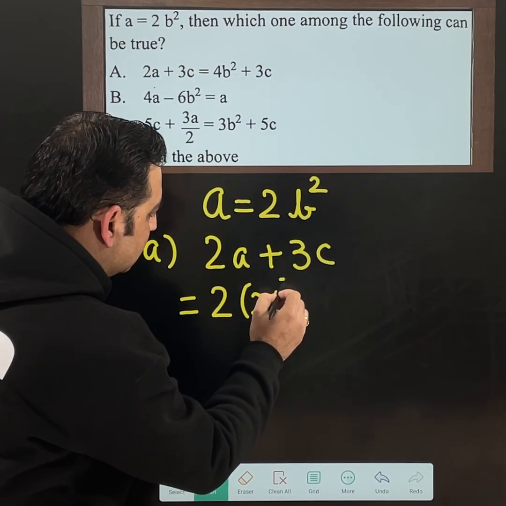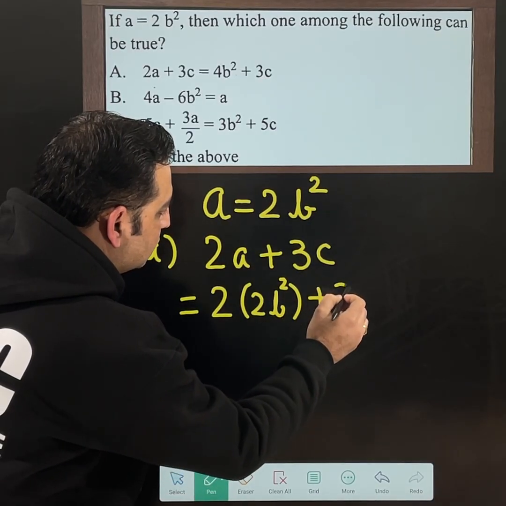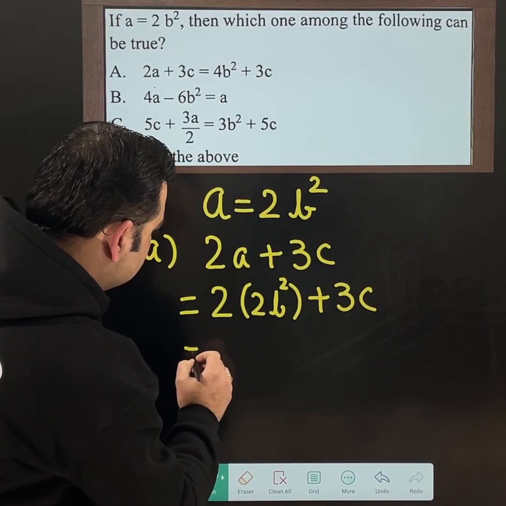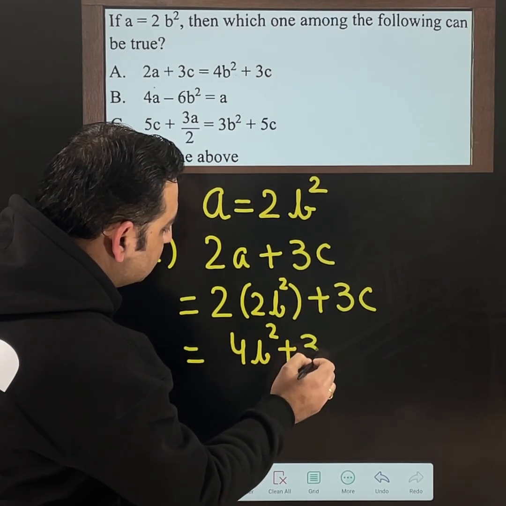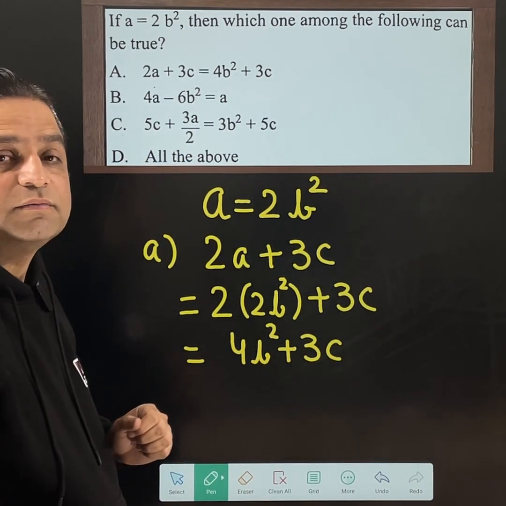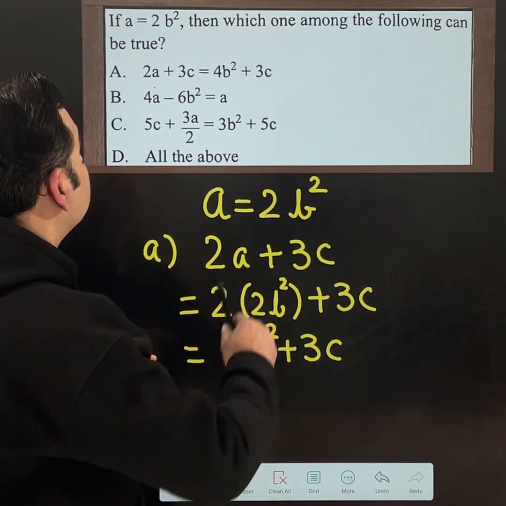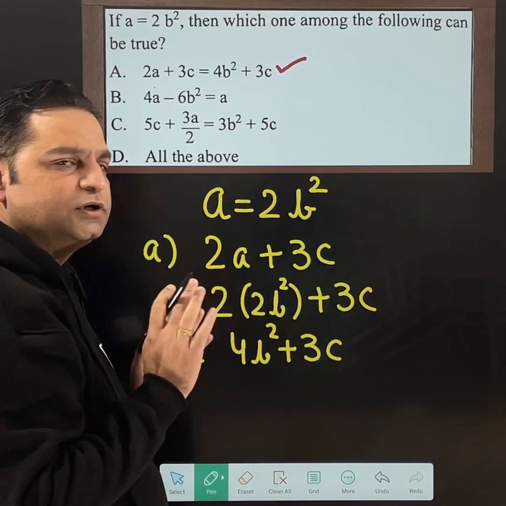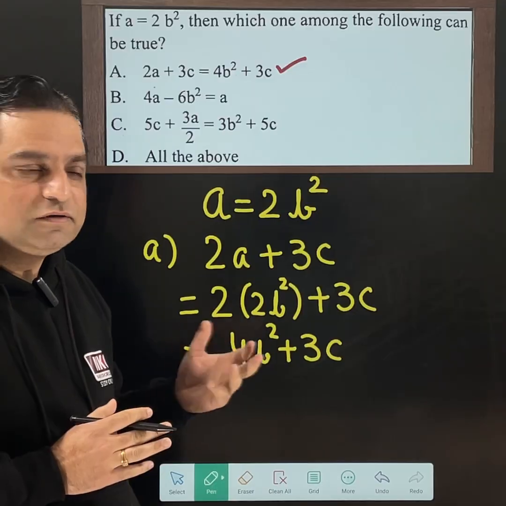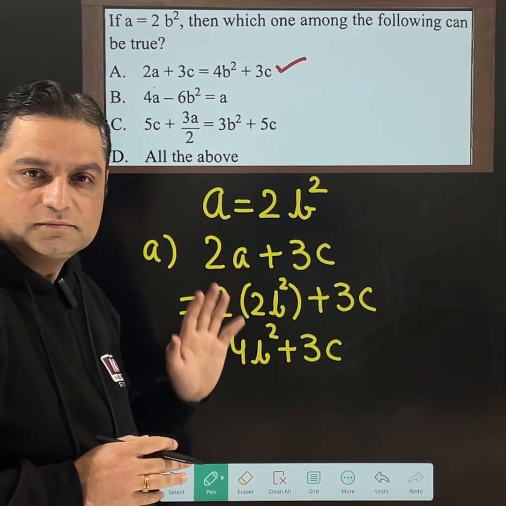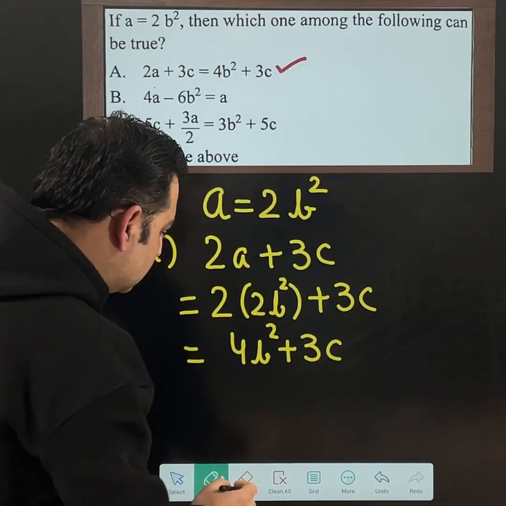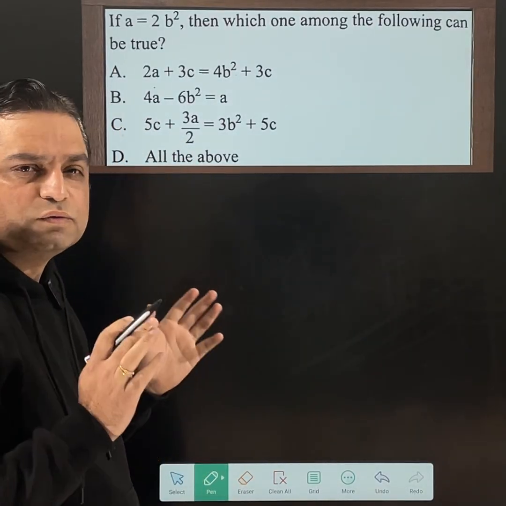If I fill A as 2B square, what I am getting is 4B square plus 3C. That means what I observed, that yes, A option is true, right? Because the right side is 4B square plus 3C, the same is coming. So as of now, I have decided that the first one is true.